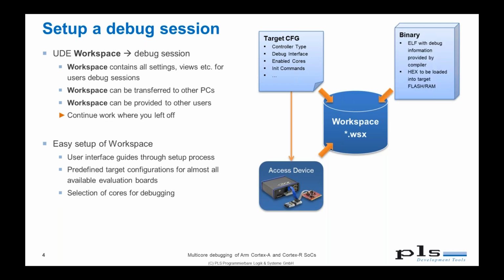And then finally, you have to load the binaries, the application that you want to debug, provided either as an ELF file together with all the debug information that the compiler provides, and in other cases only a hex file or a combination of hex and ELF file, which is then loaded into the target internal flash memory or into the target internal RAM.